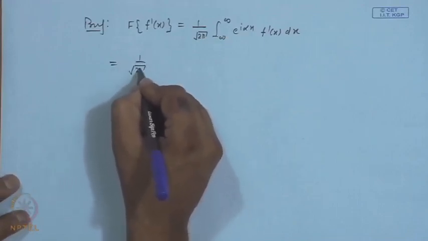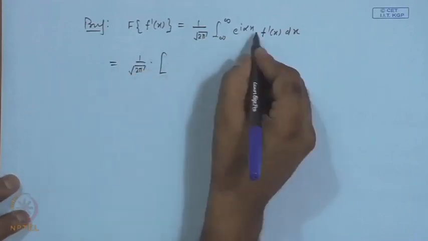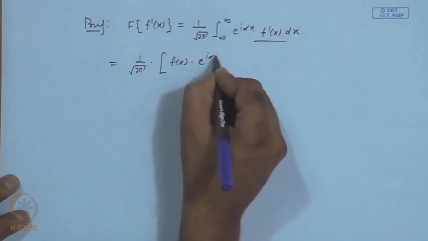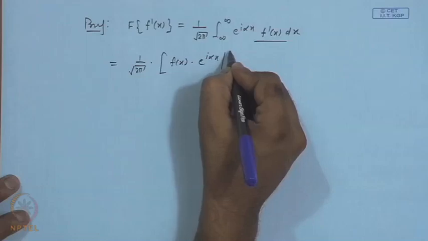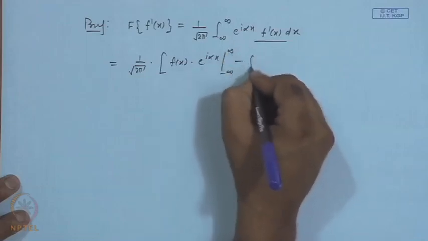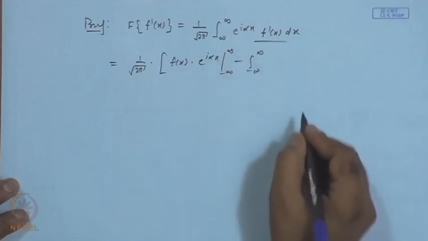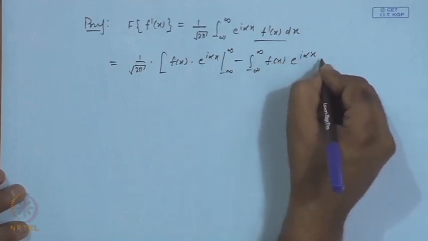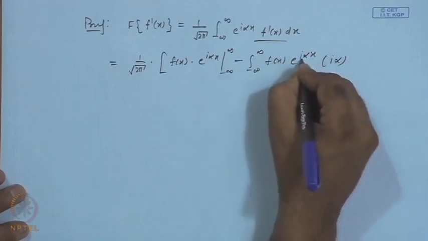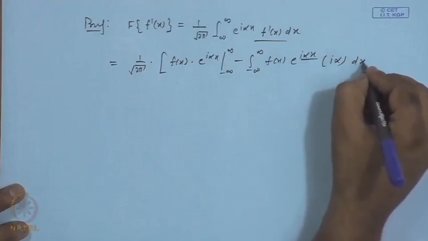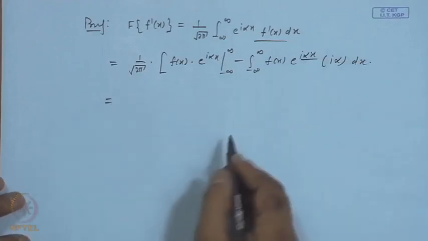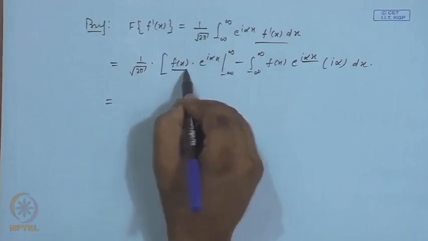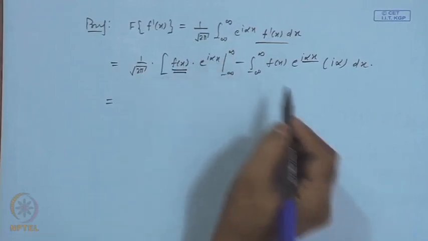We have 1 over square root 2 pi, f(x) e^{iαx} from minus infinity to plus infinity, minus again the integral of f(x) e^{iαx} times iα, the derivative of this, dx. As x approaches plus or minus infinity, as per our assumption, f(x) goes to 0.